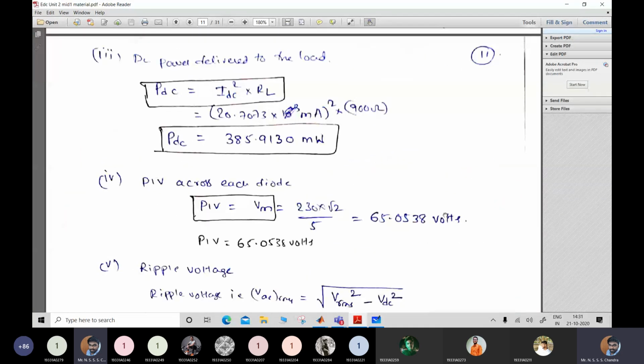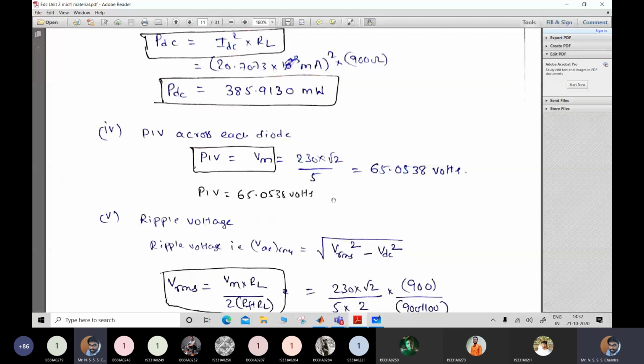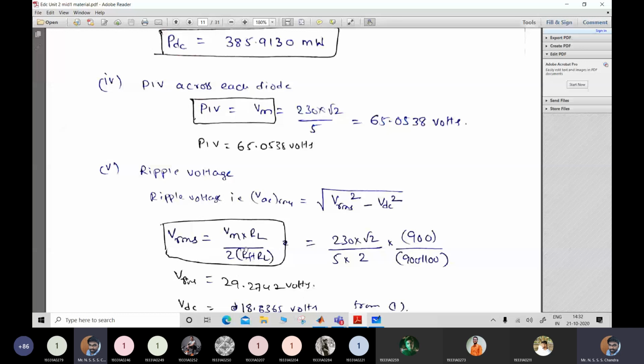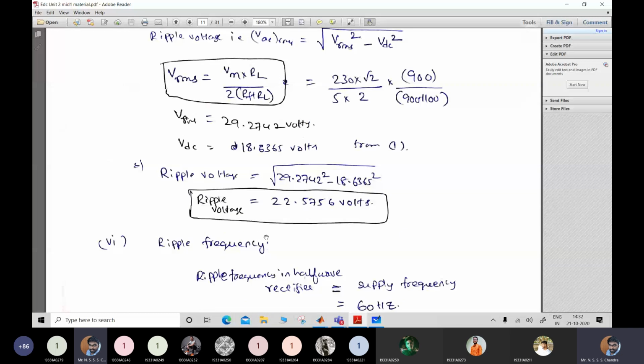So you are getting 230 into root 2 by 5. And the ripple voltage is nothing but the root of Vrms square minus VDC square. In Vrms square also we are including the RF term, and in VDC also we have to include the RF term. So we can find out the ripple voltage.